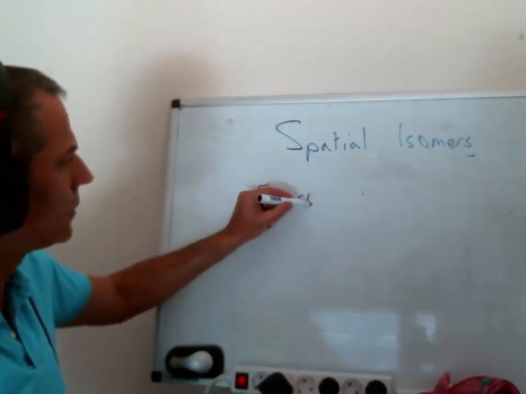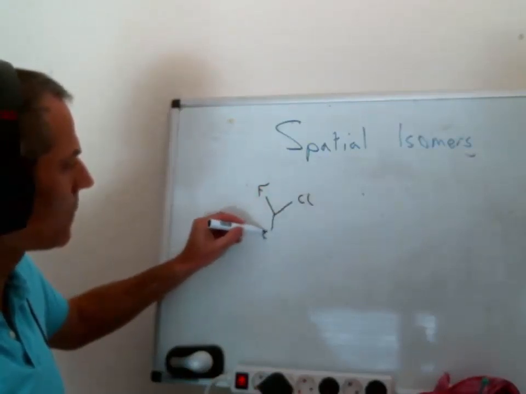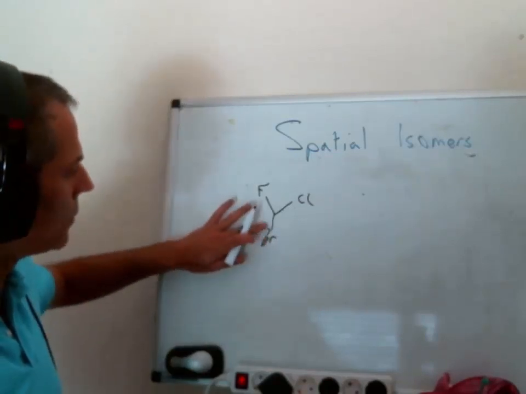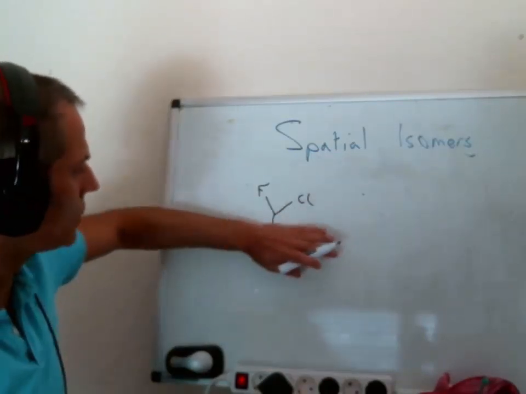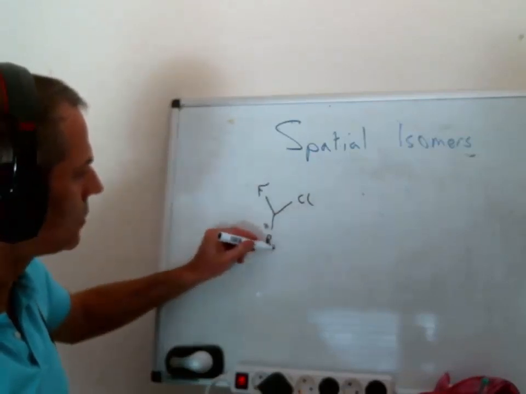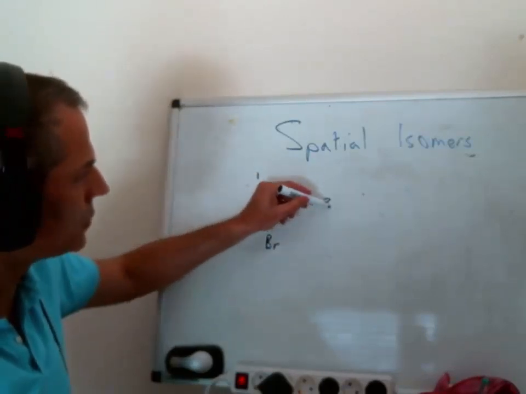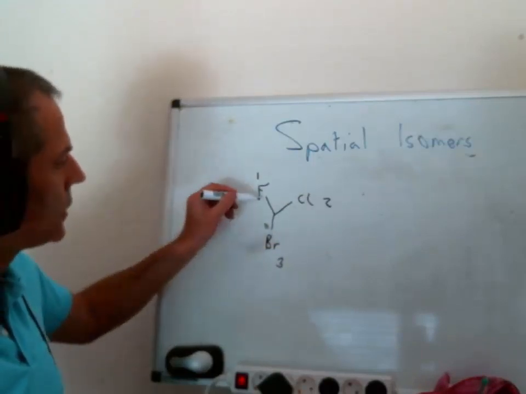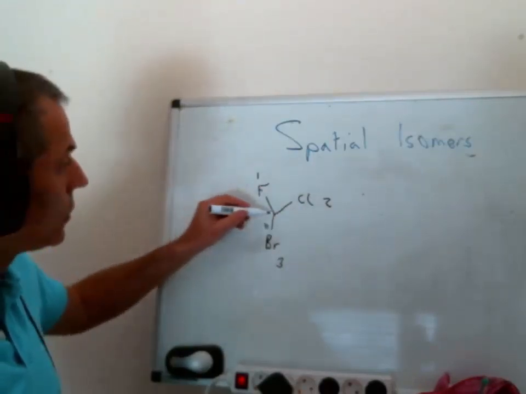chlorine, and bromine on there, and we label them in order of mass. 1, 2, and 3. We can see that in this case our circle is going clockwise.